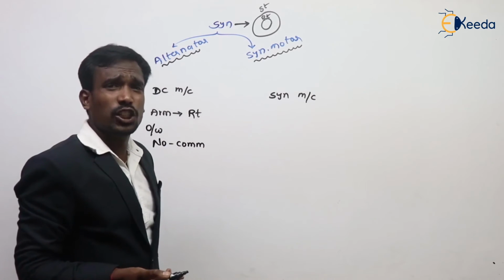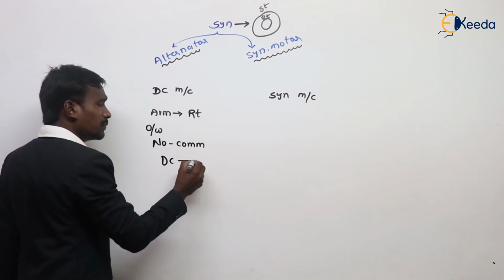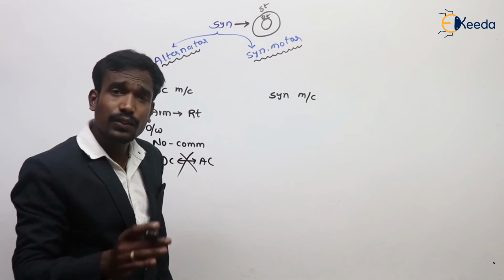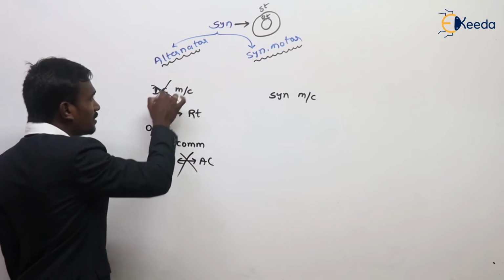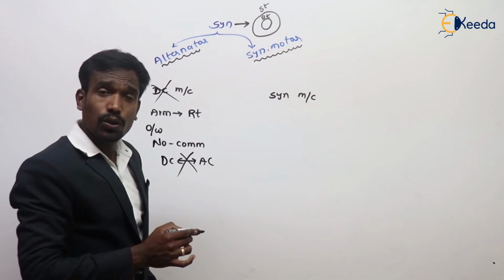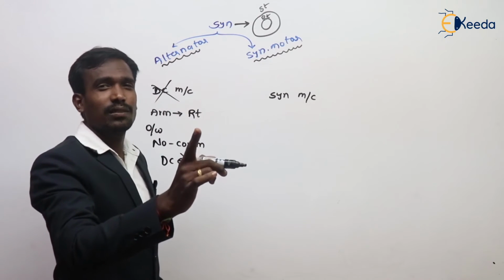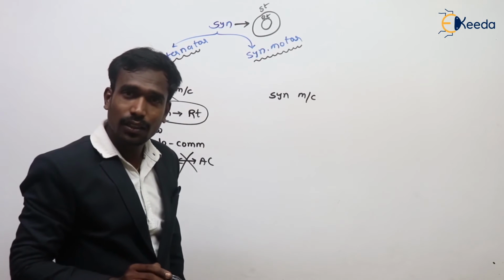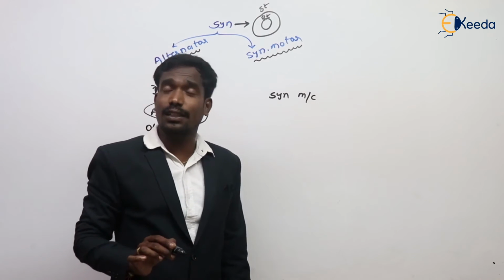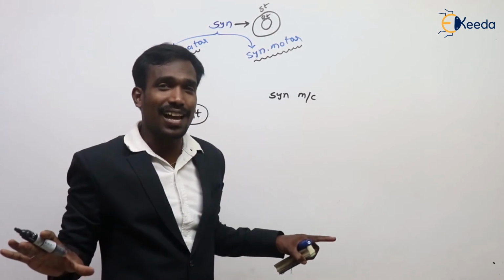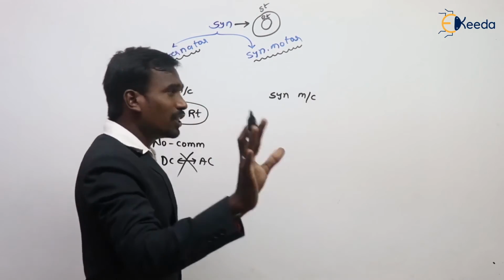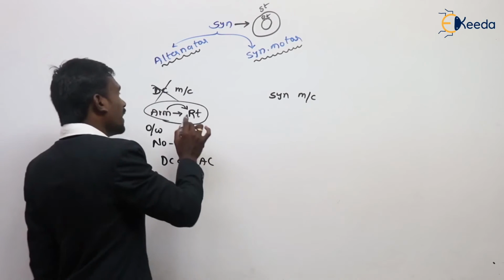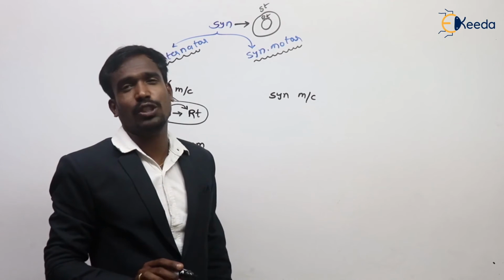If there is no commutation, there is no conversion from DC to AC and AC to DC. If there is no conversion, that is not a DC machine. So for commutation, we should place the armature winding on the rotor. If armature winding is placed on the stator, there is no commutation action. That's why we must place the armature winding on the rotor in a DC machine.